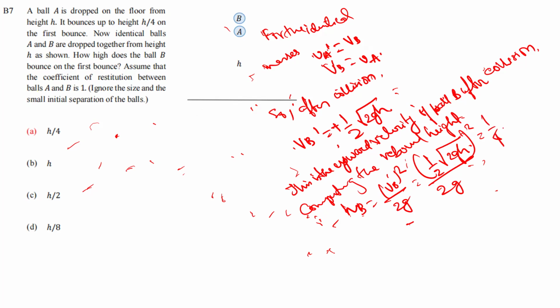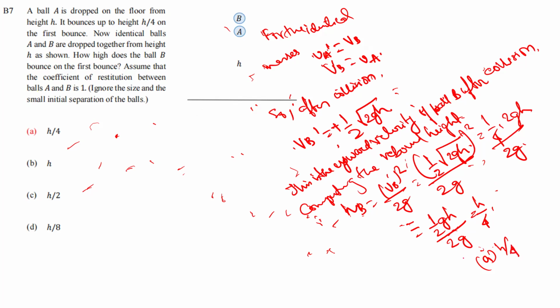So 1 by 4 into 2gh by 2g equals h by 4. So HB equal to h by 4 is the correct answer.